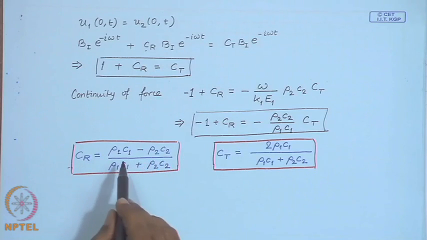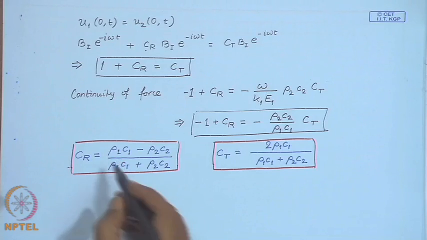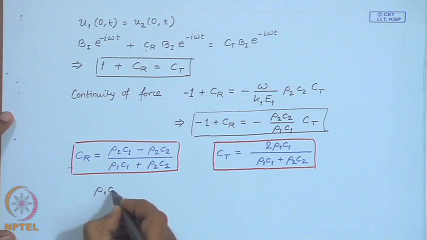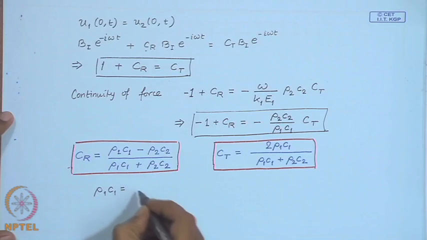Now, this rho 1 C 1 can be written as rho 1 E 1 in terms of the modulus.